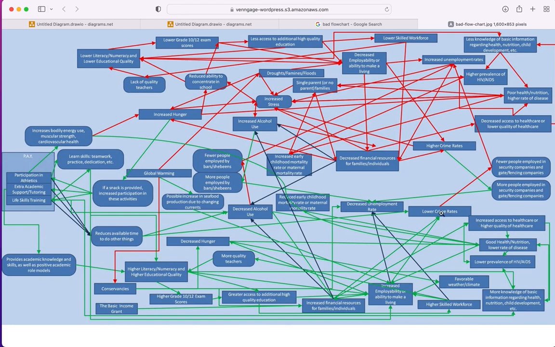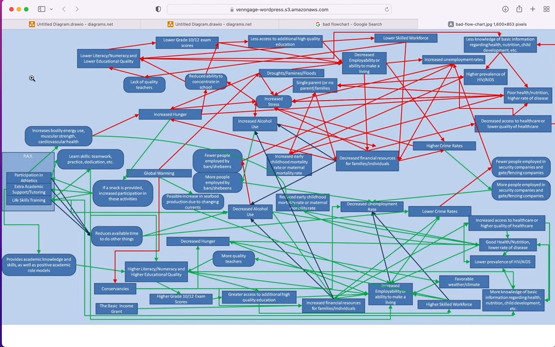I see the words lower crime rates over here. I see early childhood mortality rate. I see decreased alcohol and drug use, global warming. Am I looking at something? I see basic grant income. What am I looking at? Lack of quality teachers, droughts, famines, floods. Am I looking at something involving education?